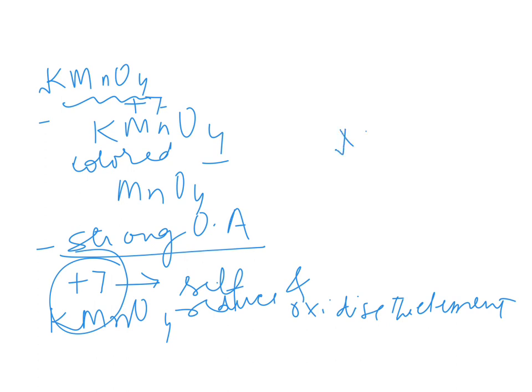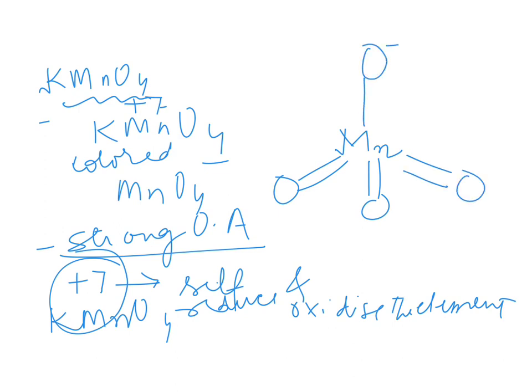Now, what is the structure of KMnO4? It has 3 double bonds to oxygen, then one oxygen atom like this, which will be attached to the potassium, and the angle is 109 degrees 28 minutes, that is, it has a tetrahedral structure.